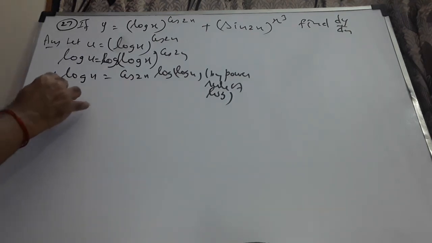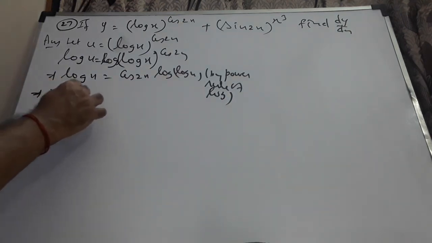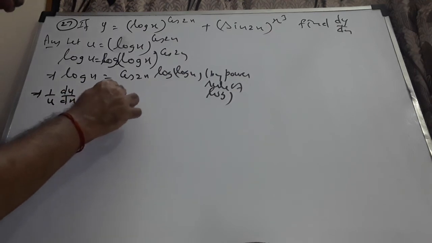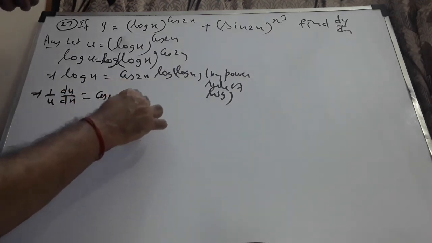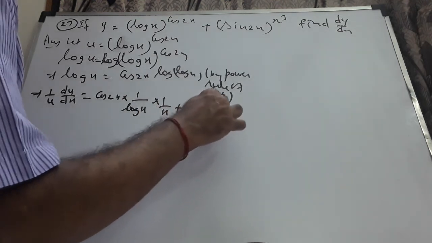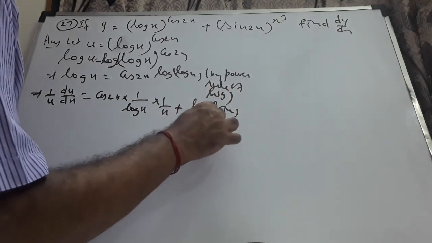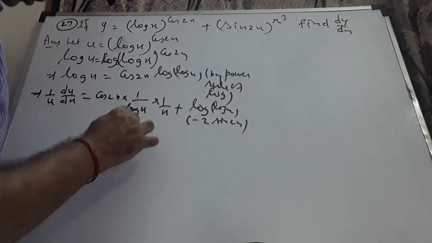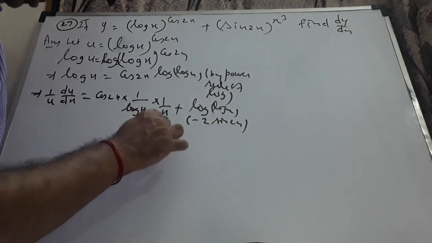which will imply 1 by u du by dx is equal to cos 2x into 1 by log x into 1 by x plus log x into minus 2 sin 2x. This is differentiating throughout with respect to x.